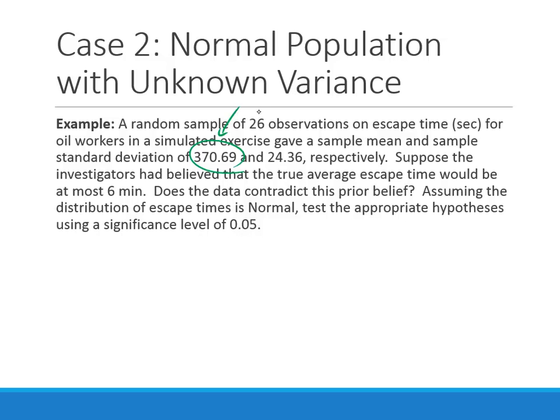So this is my sample mean x bar, and this is my standard deviation s. Suppose that the investigators had believed that the true average escape time would be at most 6 minutes. We want to know, do the data here contradict this prior belief? And then we're told an assumption to make about the distribution of these escape times.